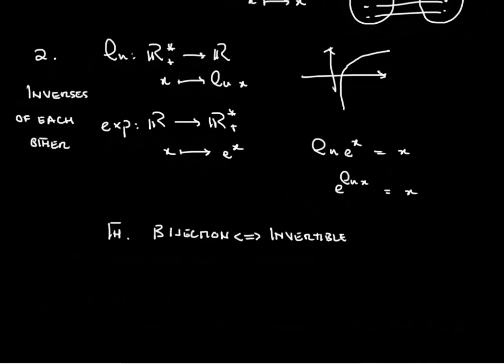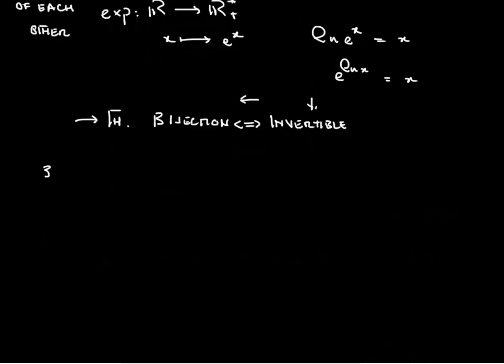Once you know a few results, you're going to be able to view the video on this theorem. So the exponential function and the natural logarithm function are inverses of each other. So that means they are both invertible, and then you can use this implication of the theorem to conclude that both functions are bijections.